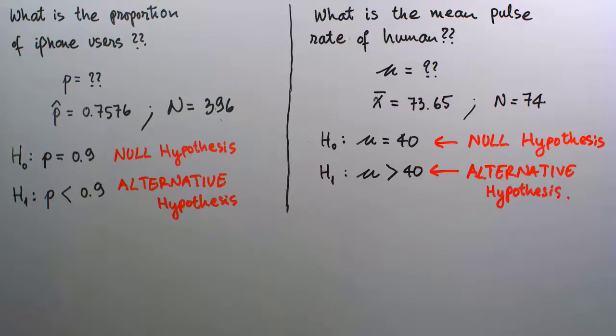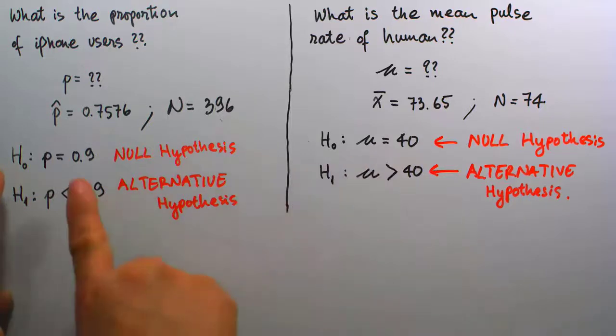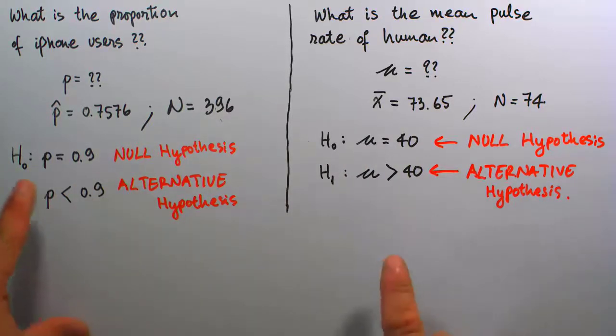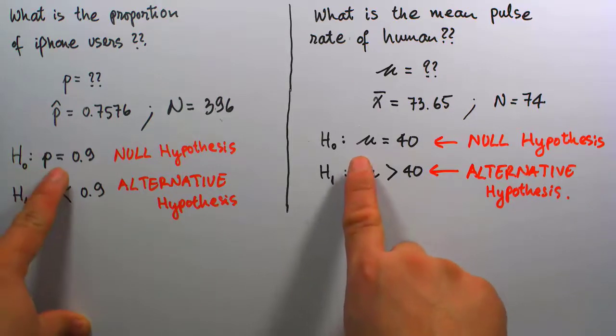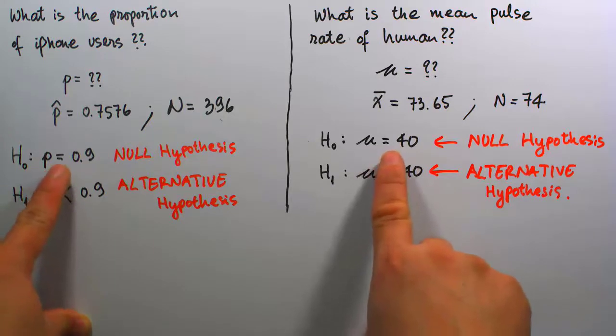And then let's draw out some generality regarding how we formulate the null hypothesis and alternative hypothesis. The null hypothesis will always be in the format of an equation, an equality.